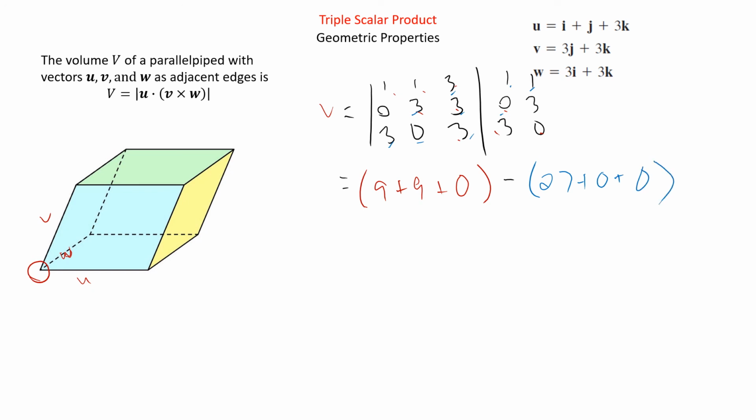So 9 plus 9 is 18, minus 27 plus 0 is 27. 18 minus 27 is negative 9, but we need the absolute value of that. So our volume equals 9 cubic units, whatever units they were talking about in this case.